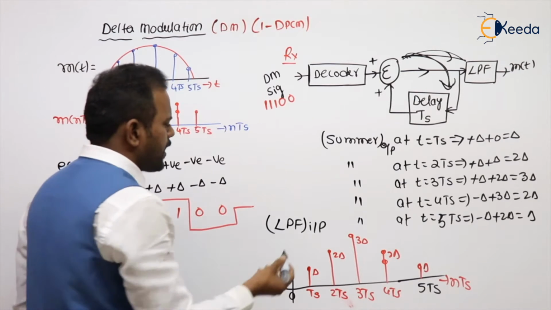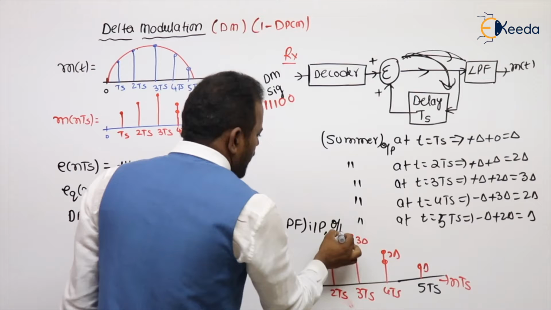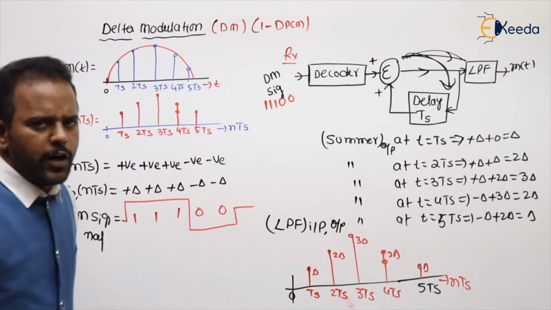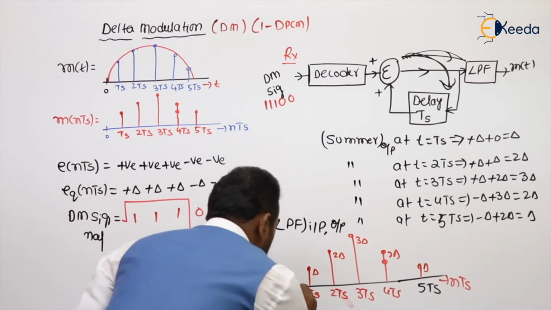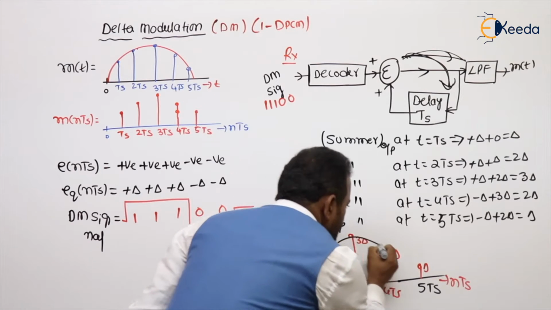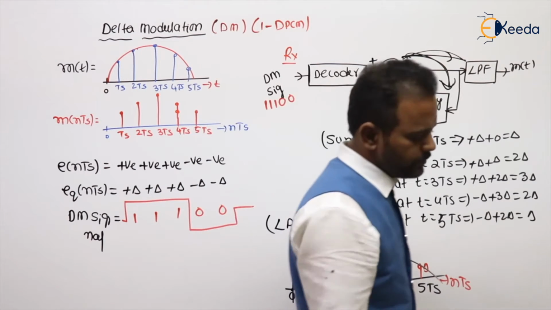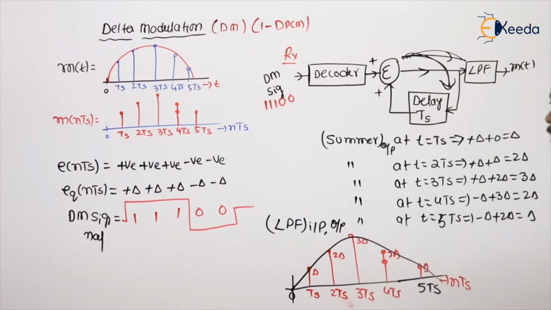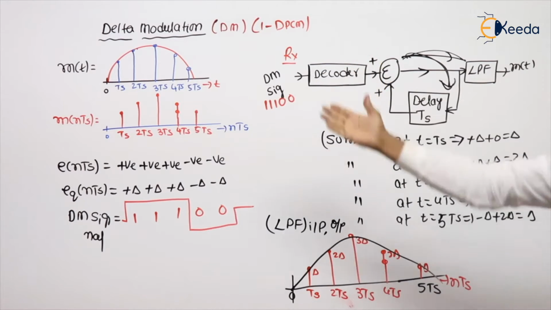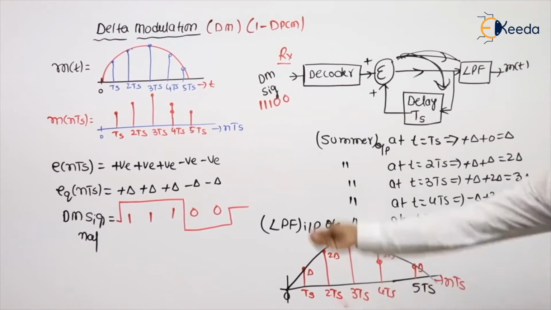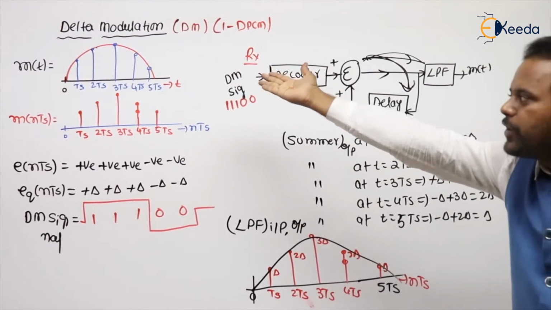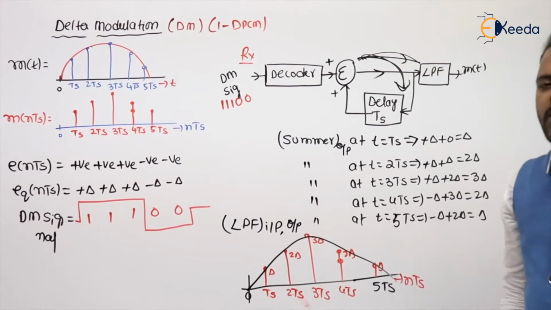What is the low pass filter output? I am writing it in black color. What will the low pass filter do? It will charge to those samples, so smoothly connecting these things. That is the low pass filter output. Now you can see we are able to reconstruct the original message that we transmitted.